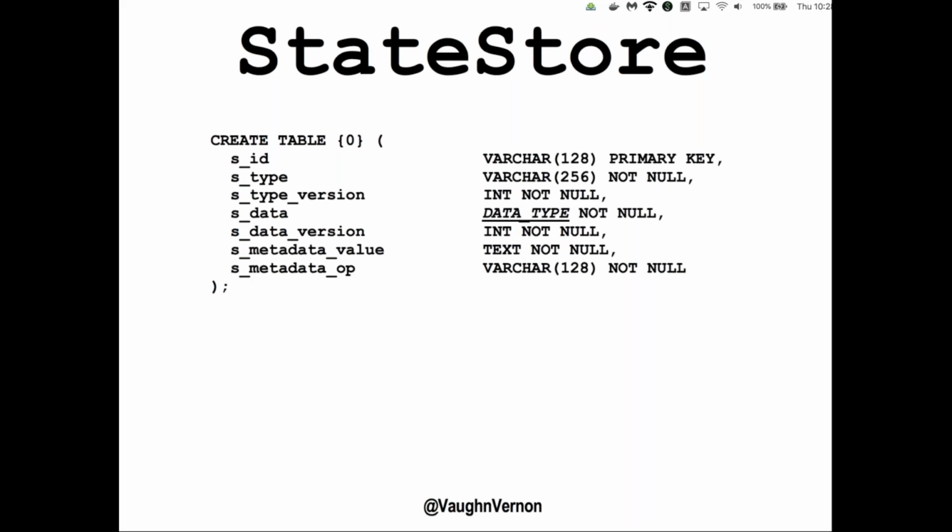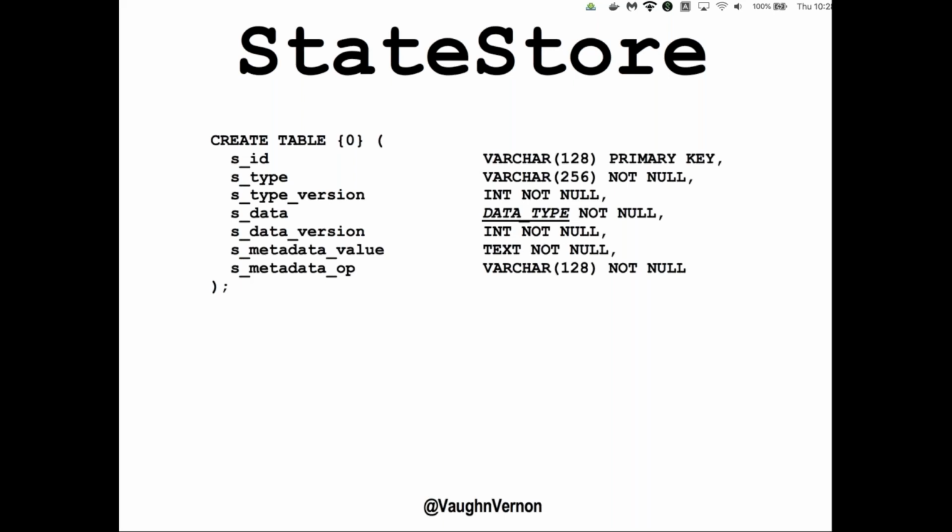And then your metadata can be basically as big as you need it to be. This is a text type in one of the examples. This would, for example, work with Postgres and MySQL, I believe.